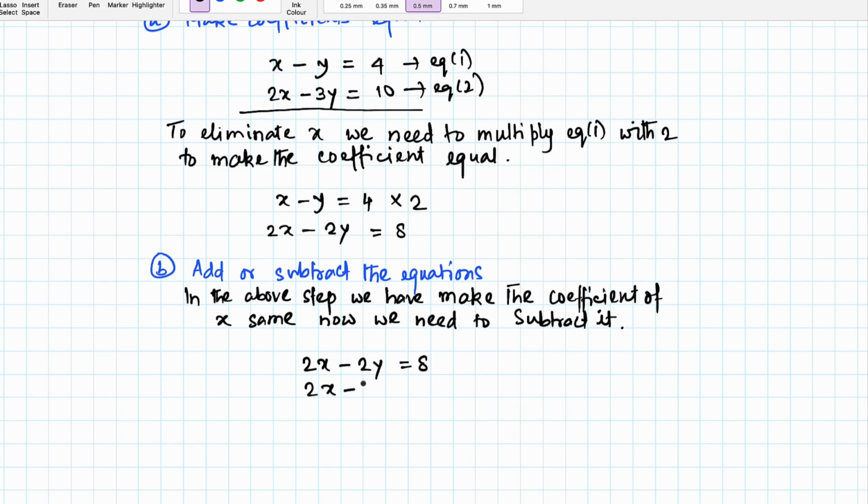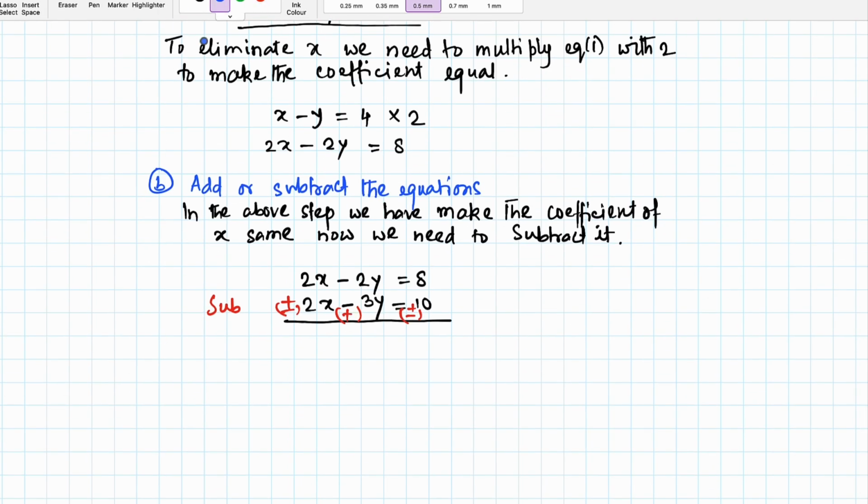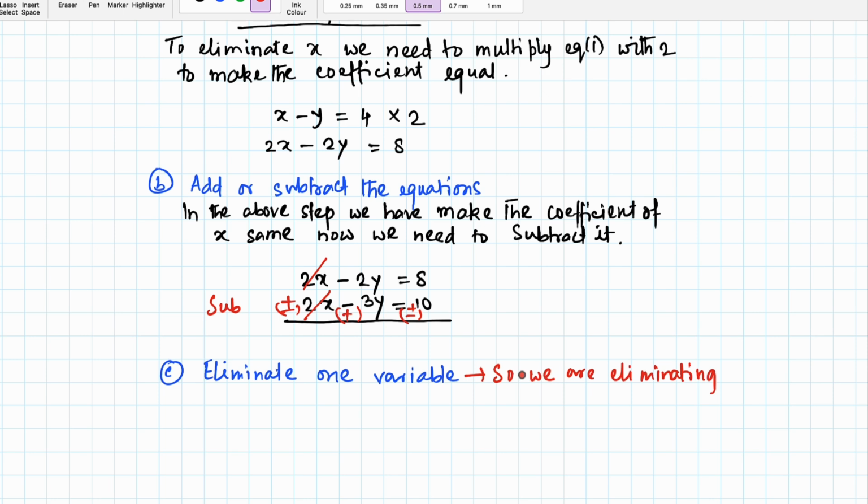So 2x minus 2y equal to 8 and 2x minus 3y equal to 10. Subtracting, we are eliminating the variable x from the equation. So we are eliminating x here by matching the coefficients and then subtracting.